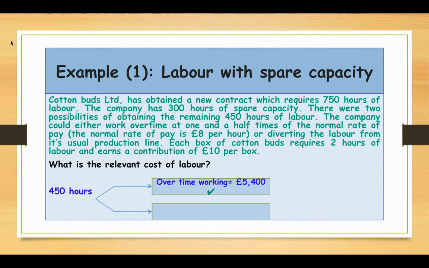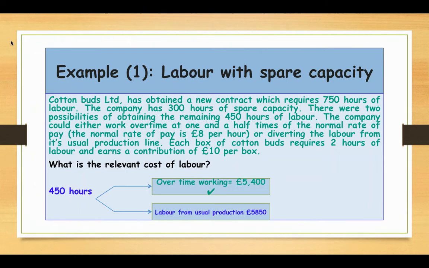The normal rate of pay is £8 per hour. But if the employees work overtime, you got to pay time and a half. So that means 8 plus 4, £12 per hour. So 450 times 12, which is £5,400. This is our option 1.